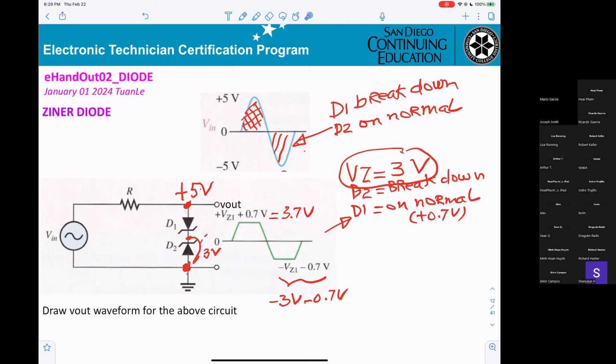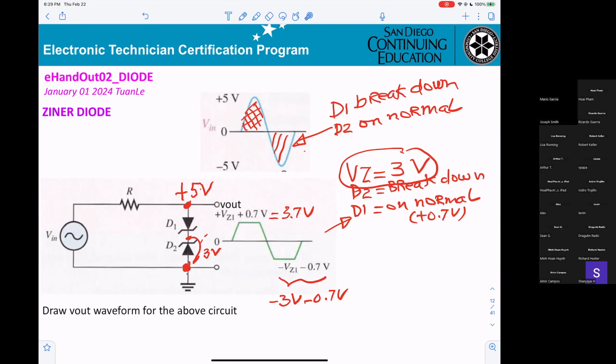That's why I said right here. D2 breakdown. So that's why you get a VZ. D1 will be on normal. They will be 0.7. So that's why you get 3.7 volt.